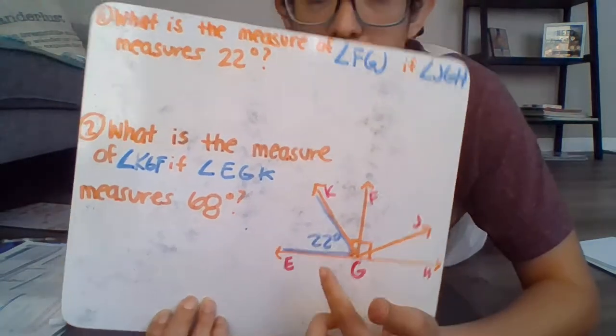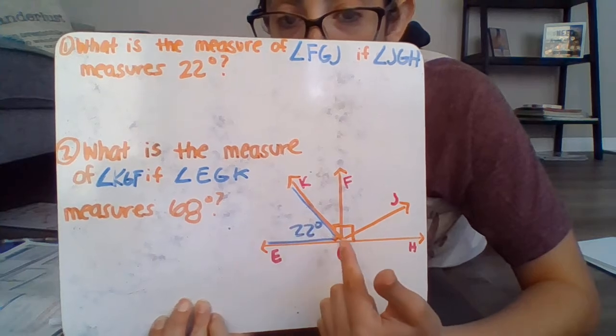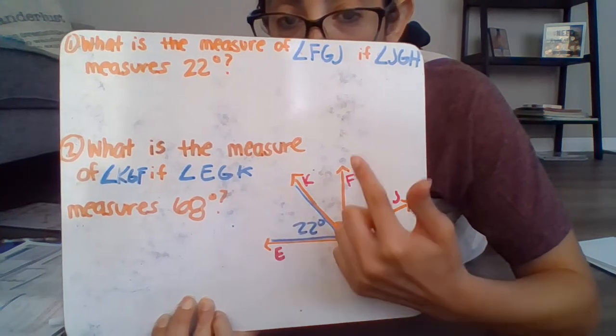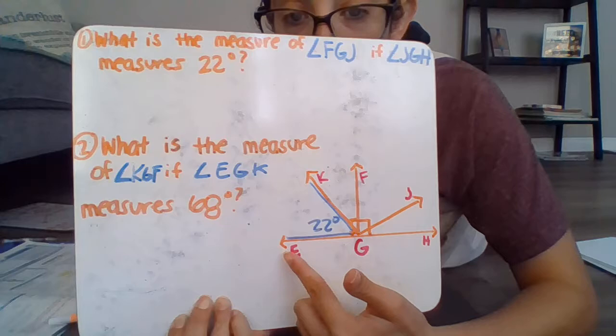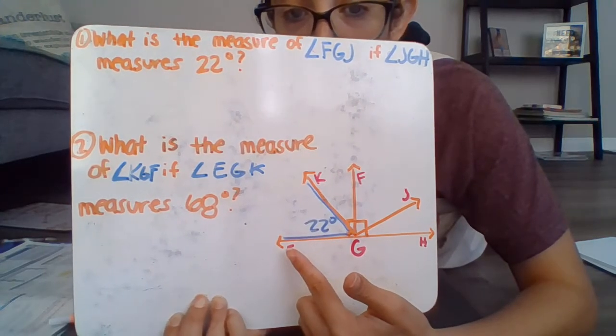Okay, so this angle right here is part of this angle right here. This whole angle is equal to 90 degrees.